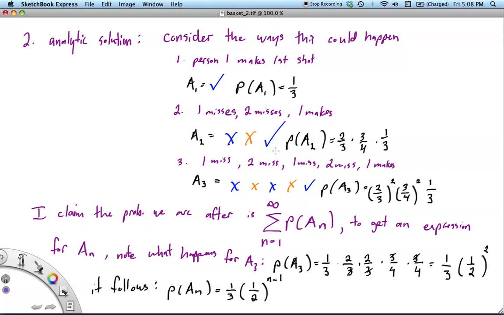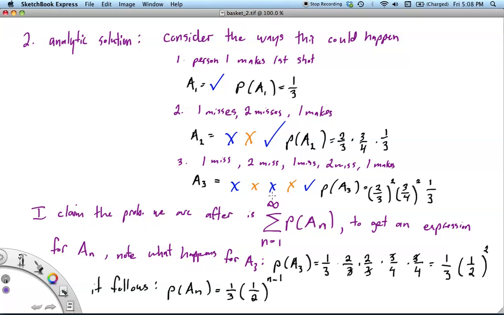I'm claiming that the probability we're after should be the union of all of these different events, A1, A2, A3, onward to infinity. Although it becomes ever less likely, the likelihood of this happening becomes vanishingly small as you proceed through your trials, there's really no limit. They could both, in theory, just go on missing forever.